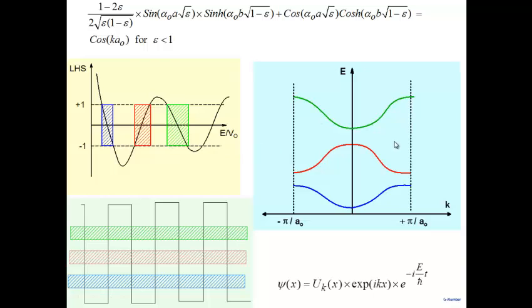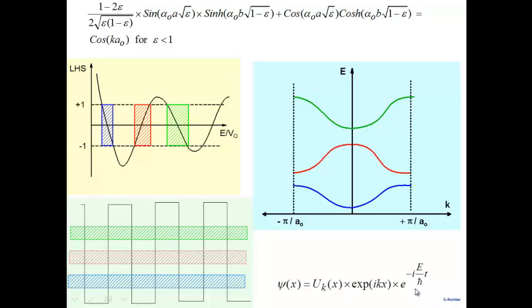All right, what do we do with these bands? In each band, my solution is of this form: psi of x equals u of k of x times e to the i k x. That's what Bloch's theorem tells us, that the wave functions are of this particular kind. The exponential i k x is the wave part, with some modulating function, and of course the time factor minus i E t by h bar, which is always there for stationary states.